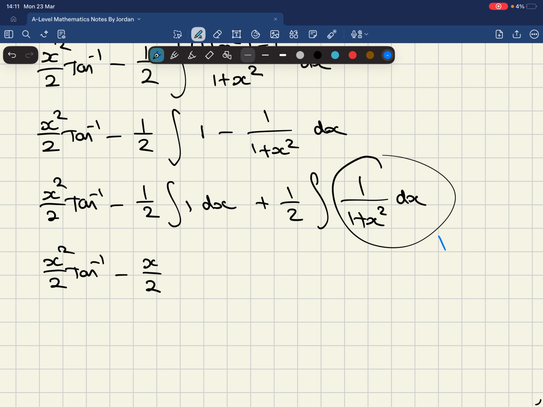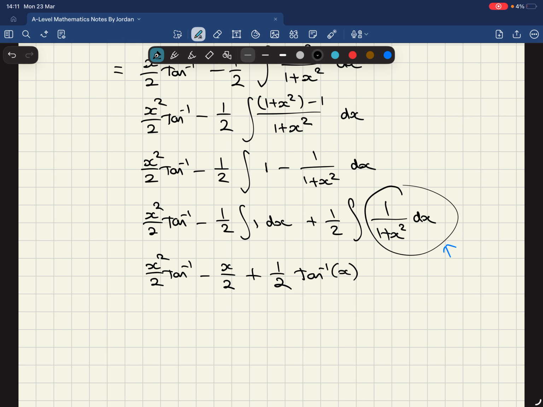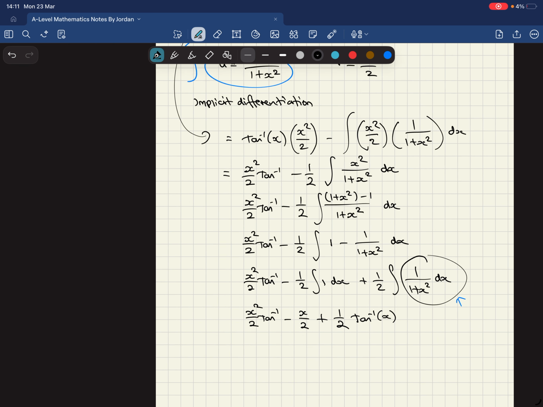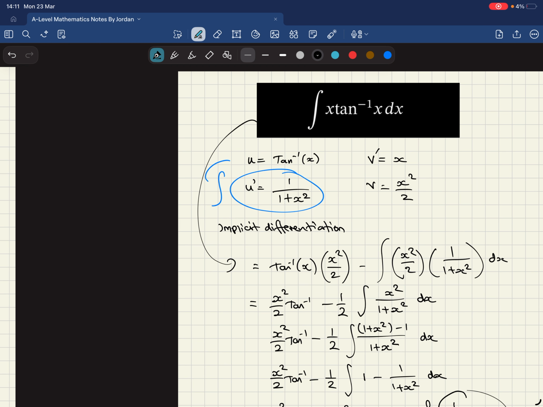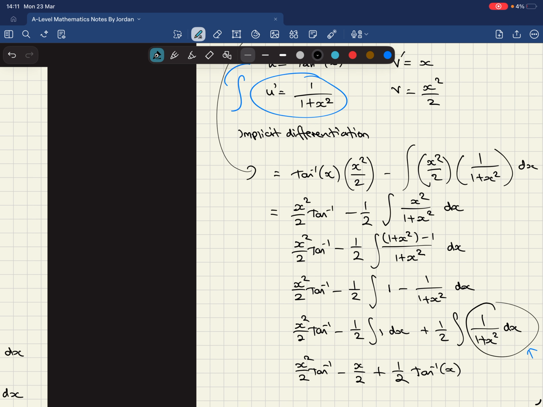So this just goes to the inverse tan of x. Brilliant. So that's plus 1/2, and then it will just be the inverse tan of x. And at this stage we could write plus c, but I won't, because I'm still performing my integration. That's the original.